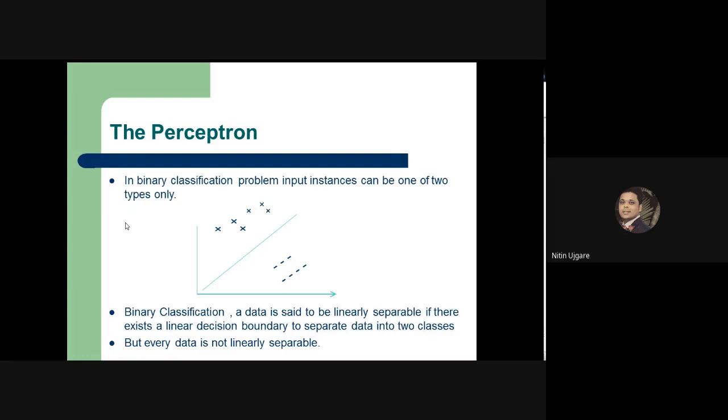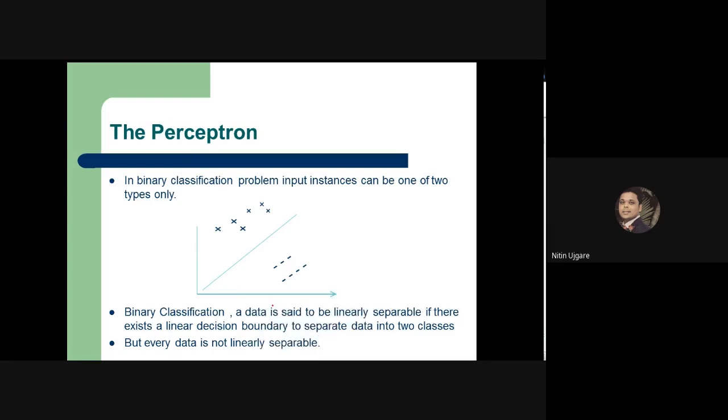Well, friends, we know that in a binary classification problem, the input instances can be of two types only. The instance either belongs to the positive class or to the negative class. In binary classification, data is said to be linearly separable if there exists a linear decision boundary to separate the data into two classes. An example is shown here.